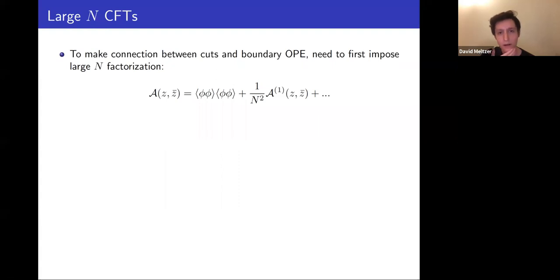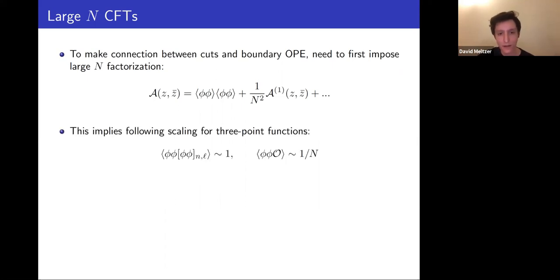So in the study of large N CFTs, we can read off the scaling of our 3 point functions just by knowing the large N scaling for our 4 point function. So at infinite N, our 4 point function factorizes, and the tree level piece is order 1 over N squared. And here N is just some parameter.